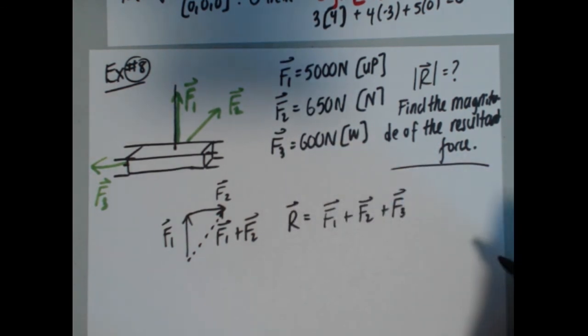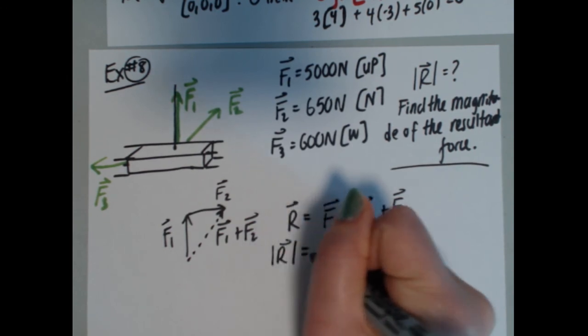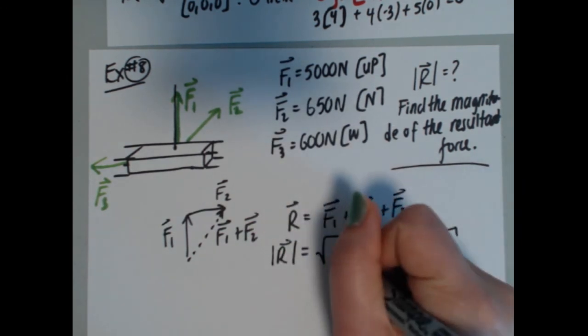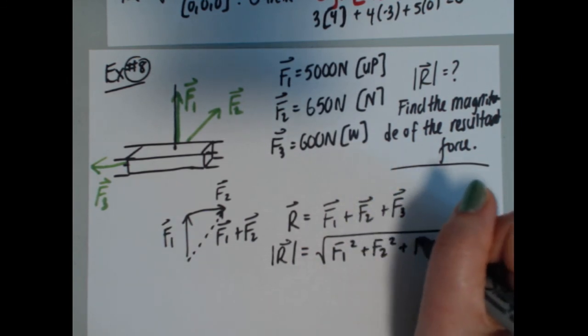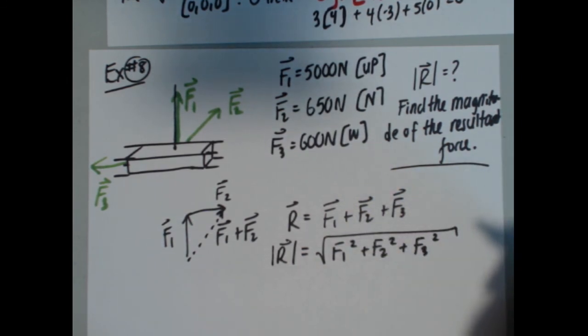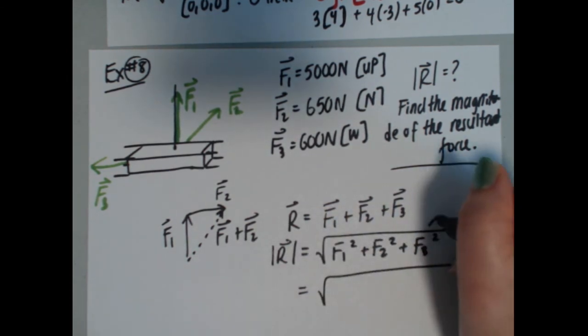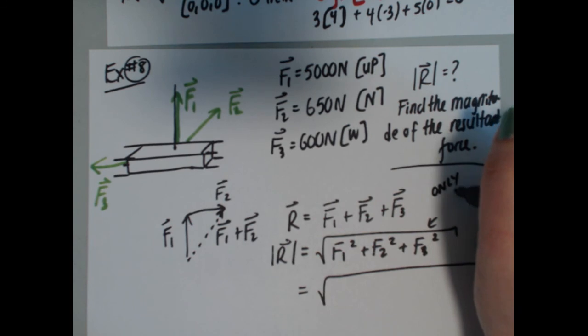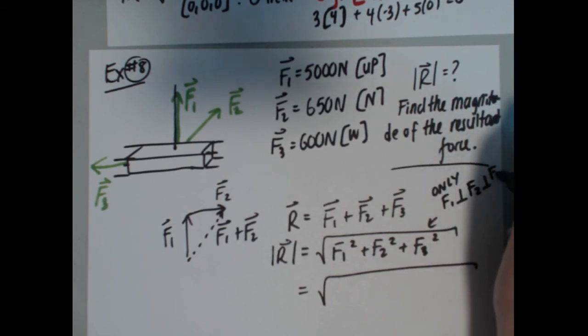So the resultant is F1 plus F2 plus F3. And since they're all perpendicular to each other, the magnitude of the resultant vector is going to be the square root of F1 squared plus F2 squared plus F3 squared. And that's really all it is. But remember, you can only do this since they're perpendicular. Only since F1 is perpendicular to F2, which is perpendicular to F3.